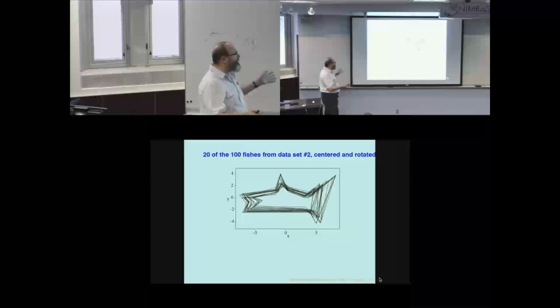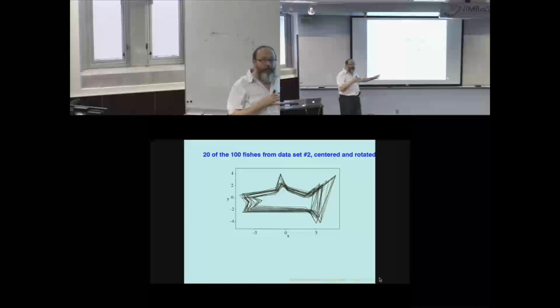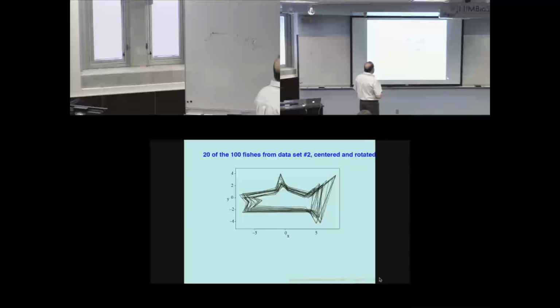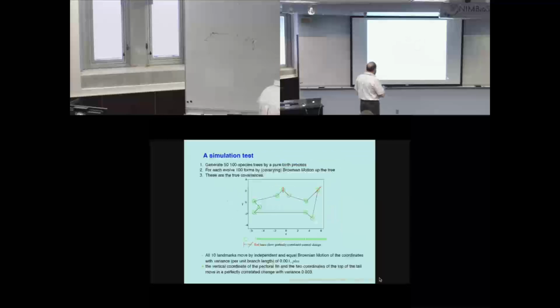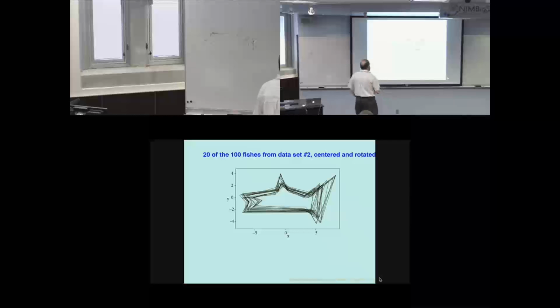We simulate up it with those known covariances. And then we center them and rotate them. They are different. Oh, I should also say, I didn't put it here, but there is a size change. There's another variable that's Brownian moving independently of these that is on a log size scale.